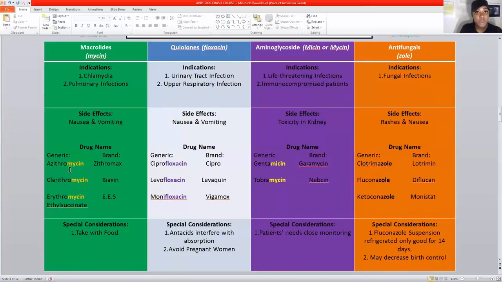If I would have known this drug and if they would have shown me this one, I would have been able to connect the two. Okay. Cipro and Cipro, right? Levo and Levaquin. So you can see a little bit of a correlation. I won't tell you that you don't need to know the brand because that's not true. But when you're studying, you want to make sure that you become familiar with the generic.